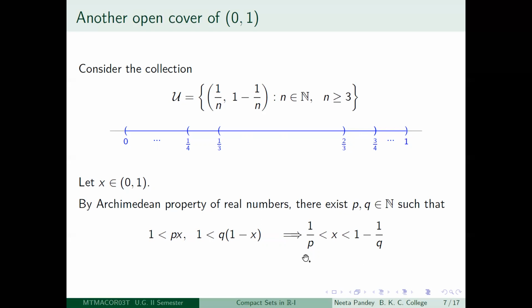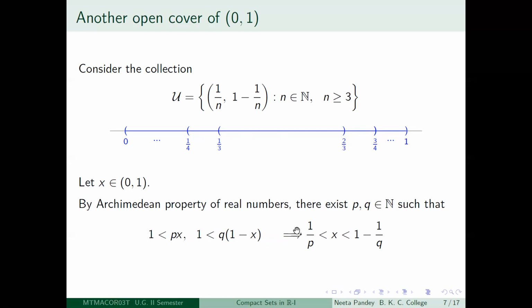Because if p were equal to q, then you would have got the type of interval you were seeking. Again, you're trying to do the same type of thing. You're taking any point in open interval 0, 1, and you're trying to find an open interval of this type, 1 by n to 1 minus 1 by n, so that x belongs to such an open interval.